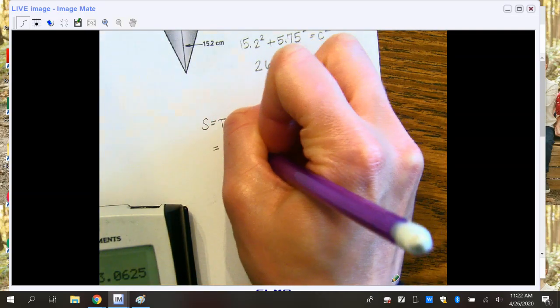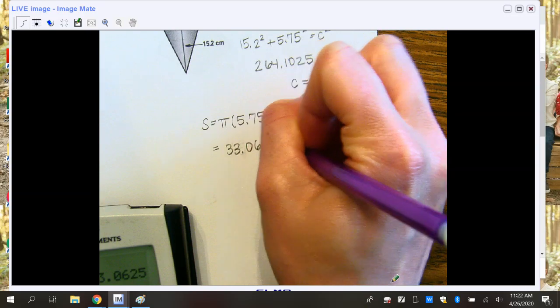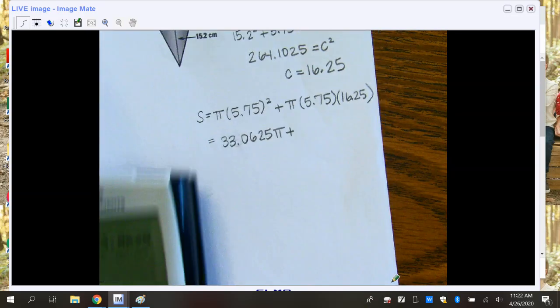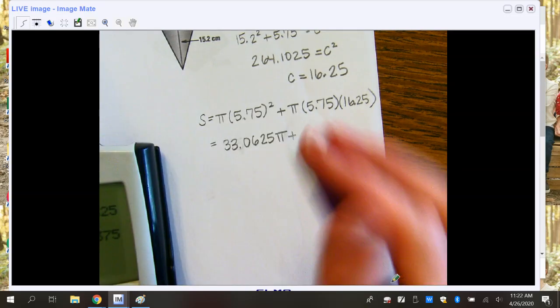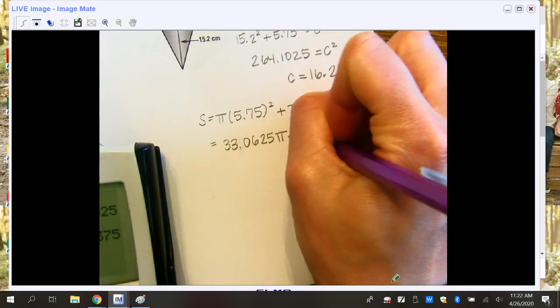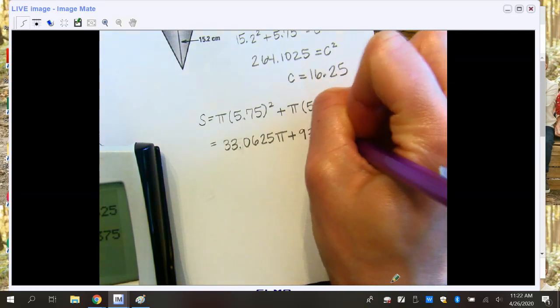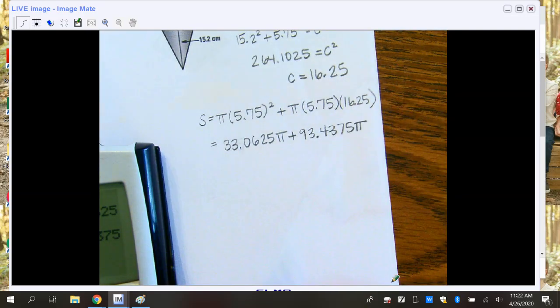So 33.0625 pi, and then 5.75 times 16.25 is going to be 93.4375 pi.